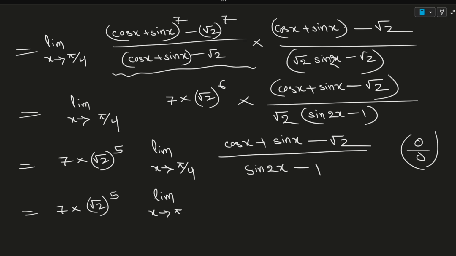In L'Hospital rule, I have to differentiate the numerator and denominator separately. So it will be minus sin x plus cos x, over cos 2x.